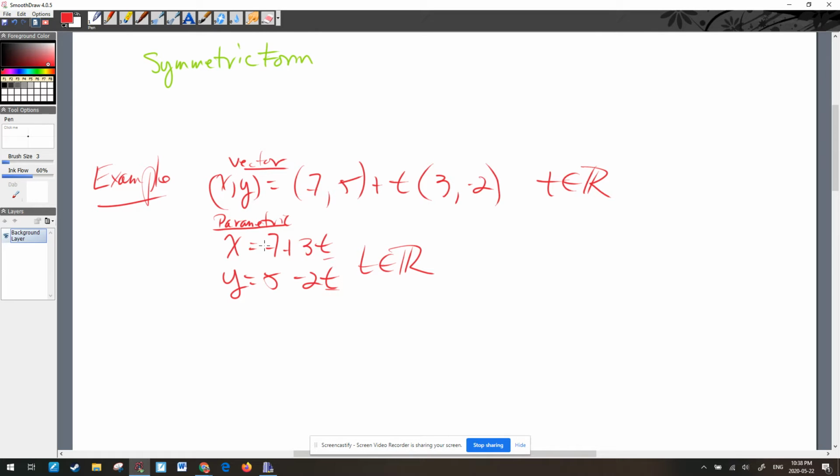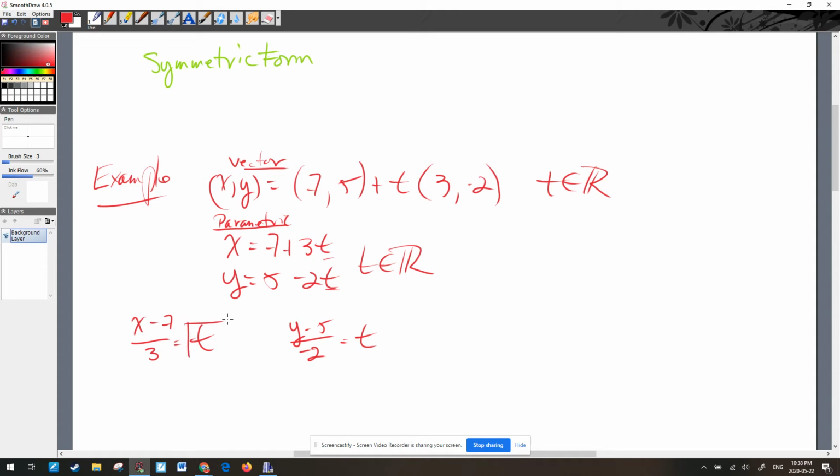So I'm going to solve for t in each of these equations. From the first equation, x minus 7 over 3 is equal to t. I just move that over and divide both sides by 3. And from the y equation, y minus 5 over negative 2 is equal to t.